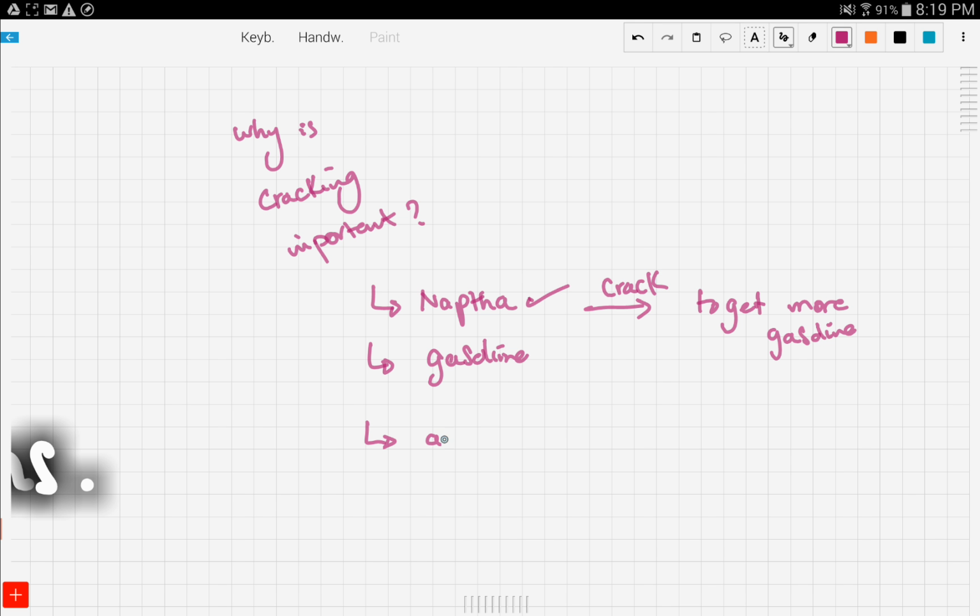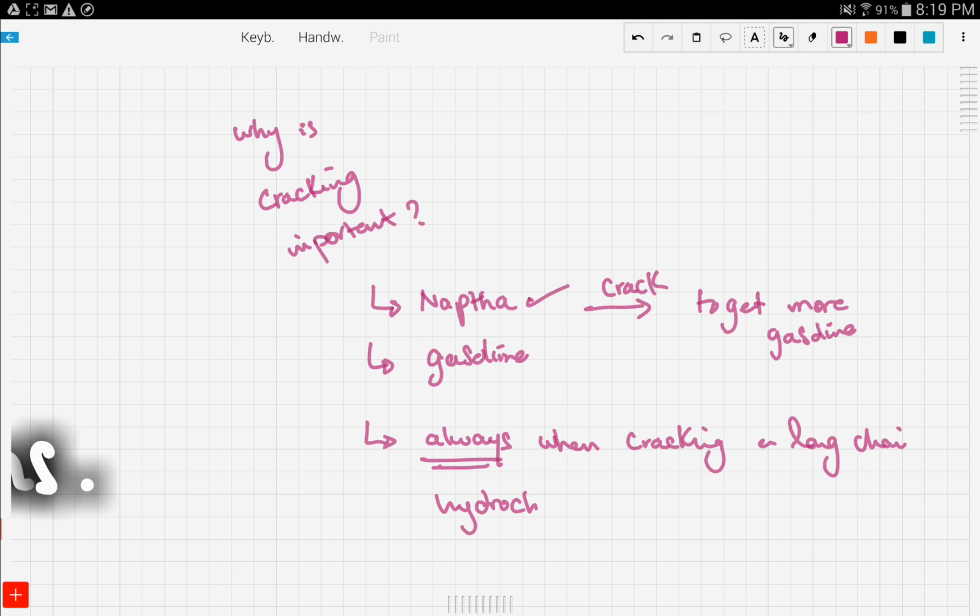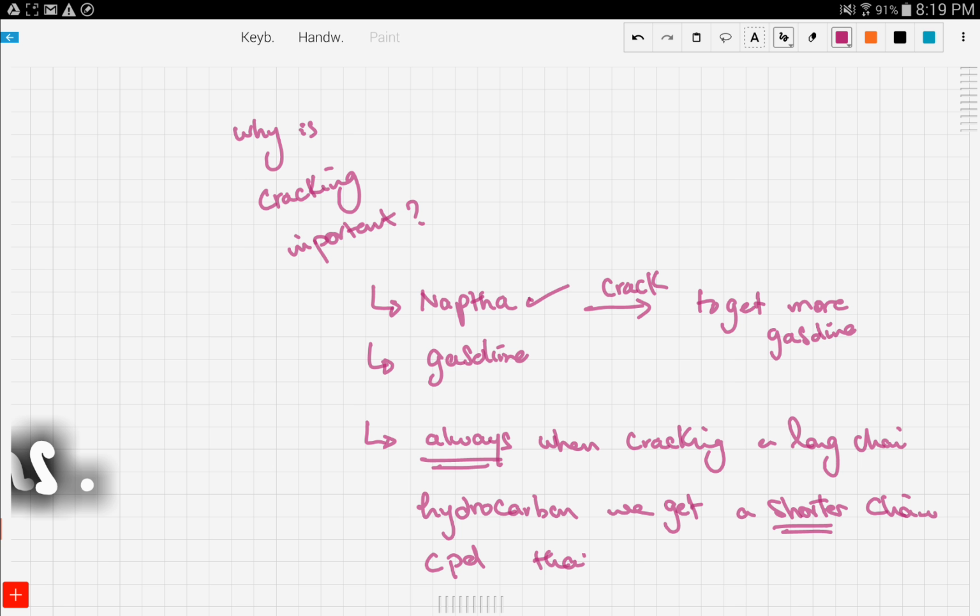Always when cracking a long chain hydrocarbon, we get a shorter chain compound that has a carbon-carbon double bond. And carbon-carbon double bonds are usually more active than single bonds.